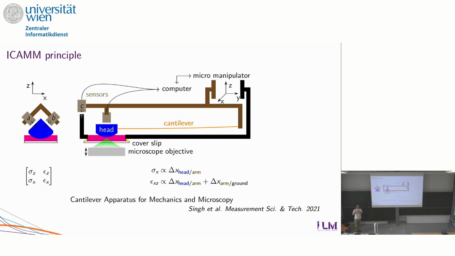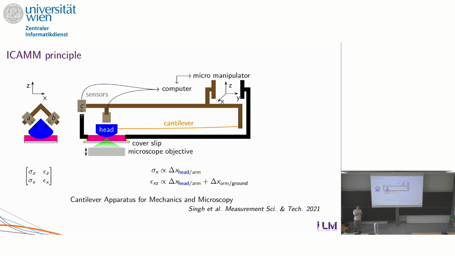So basically I have the deflection of the cantilever, and so I can get to a force and then to the stress. And because all this rigid mechanical part is mounted on a micromanipulator, if I sum the displacement of the micromanipulator with the deflection of the cantilever, then I have the strain on my sample.